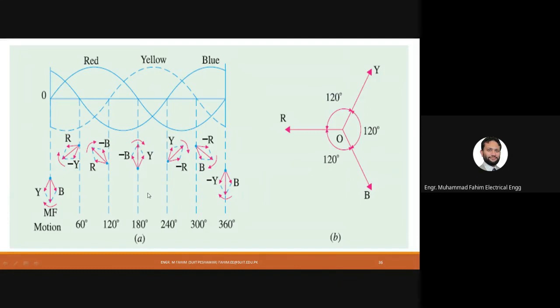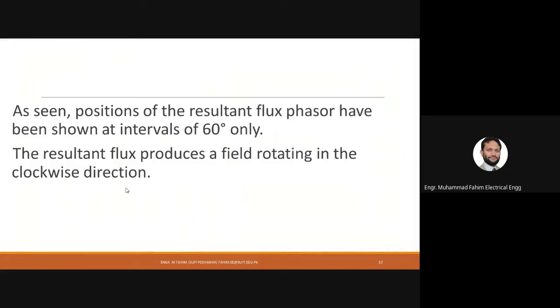On each interval it is shifted 60 degrees, so that is the diagram. As seen, the positions of the resultant flux phasor have been shown at an interval of 60 degrees only. The resultant flux produces a field rotating in the clockwise direction.